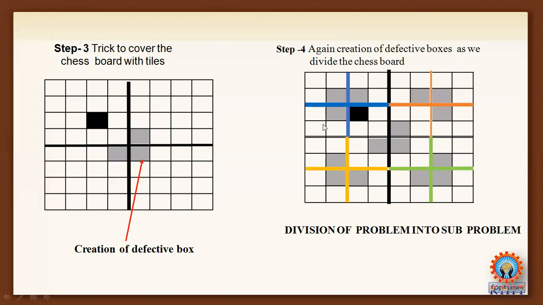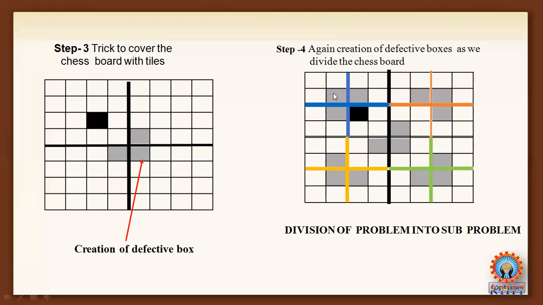And here also we can do like that only. So this board is filled, and these three boards are filled with artificial defective squares. And here also we can do it like this. Here also we can get like this. So if you consider each and every 2 by 2 chessboard, one square should be defective.